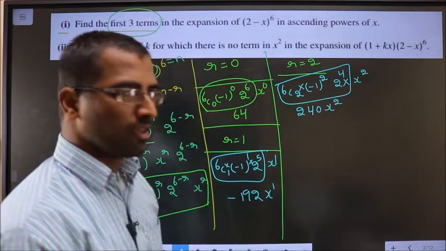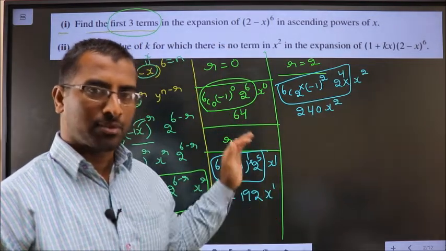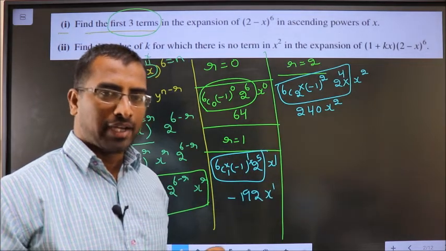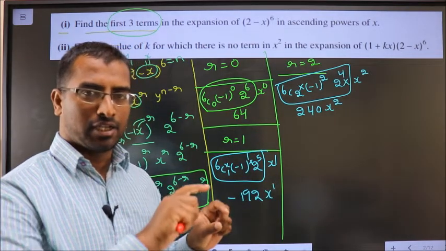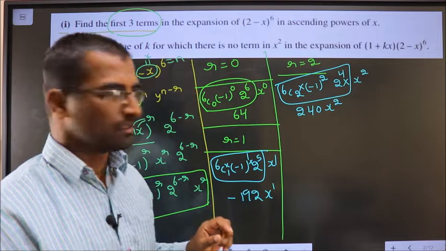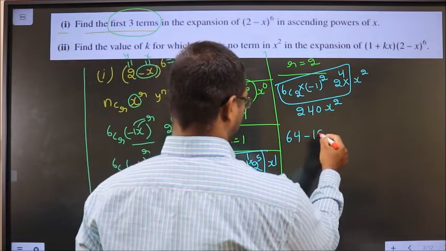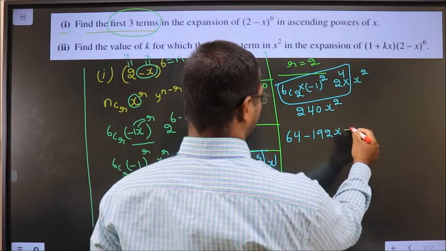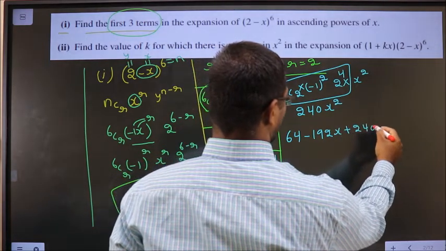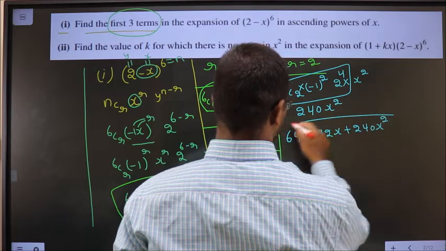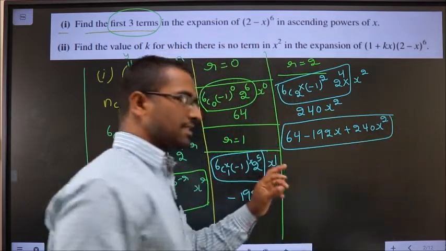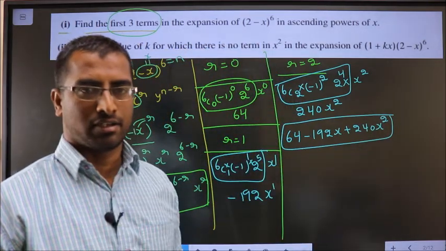Now, he wants the first three terms you found out, but your final answer should be writing all of them in a single line. So your final answer will be 64 minus 192x plus 240x square. So this is our final answer.